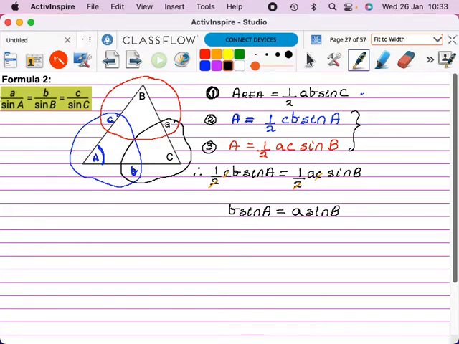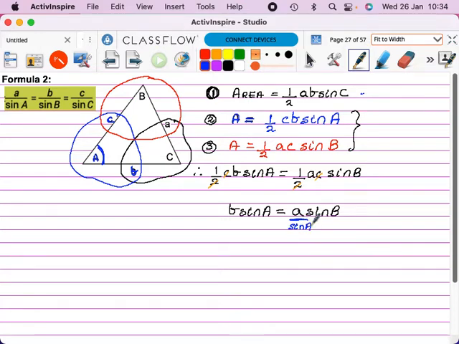And this is where it does get very, very simple. Because according to the question, we've got A over sine A. So the letter A should have a sine A underneath it, according to what we're trying to prove.